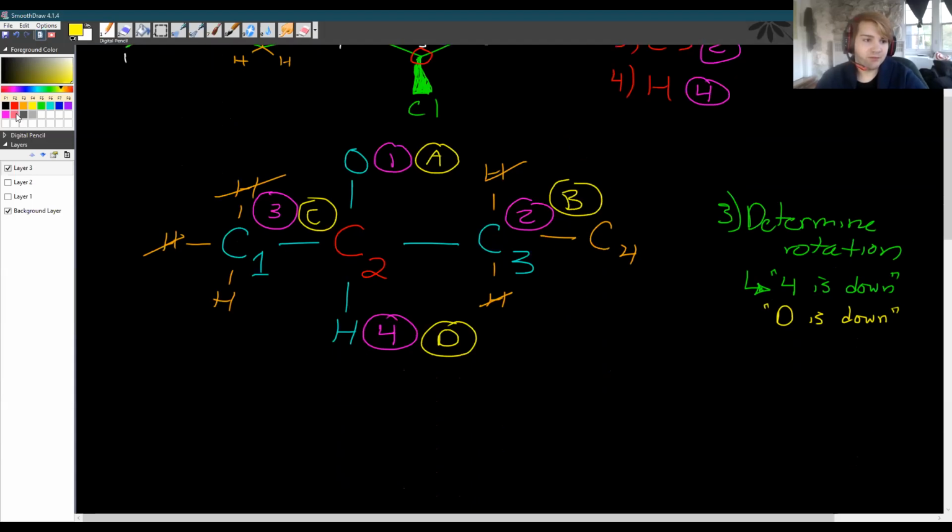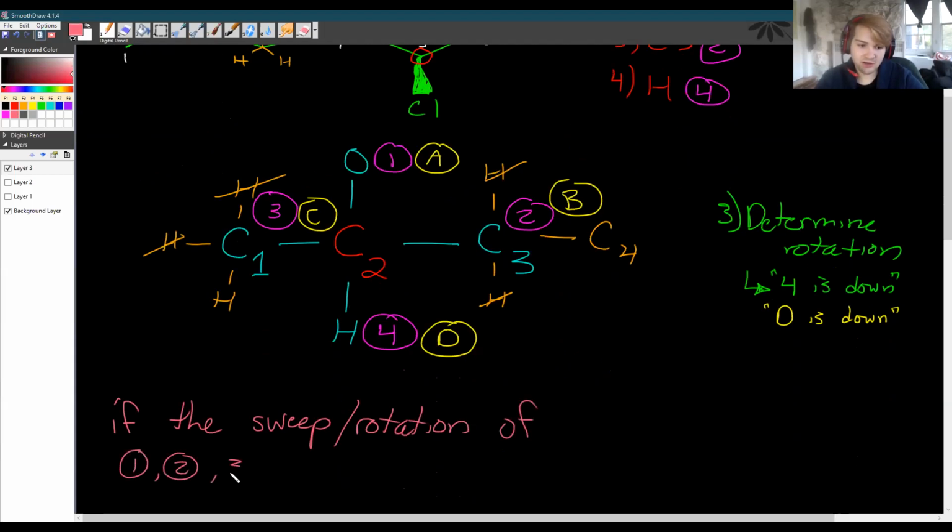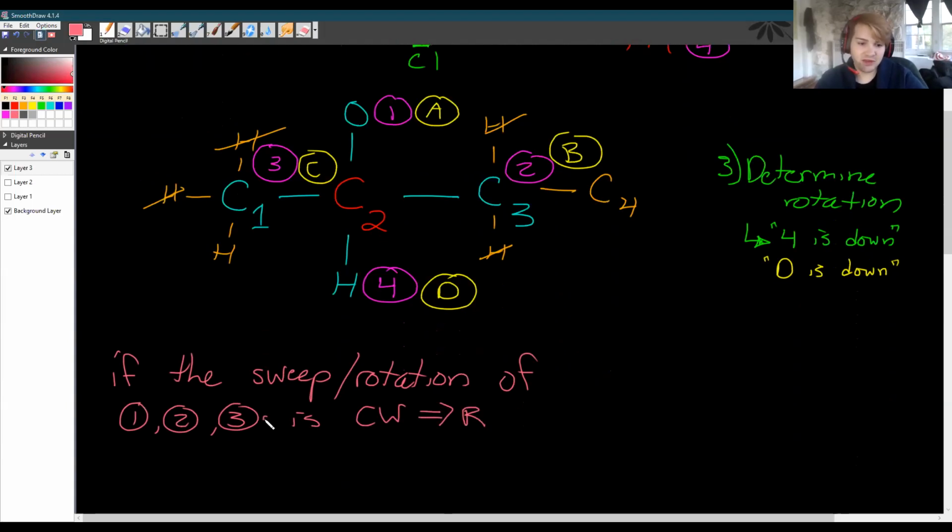So what I'm going to tell you is if the sweep, which can also just be said the rotation, of groups 1, 2, and 3 is clockwise, then the rotation is R. However, if the sweep or rotation of 1, 2, and 3 is counterclockwise, the rotation is S. If, big if, that's on the dash line, underline this, put it in bold. If 4 is down.